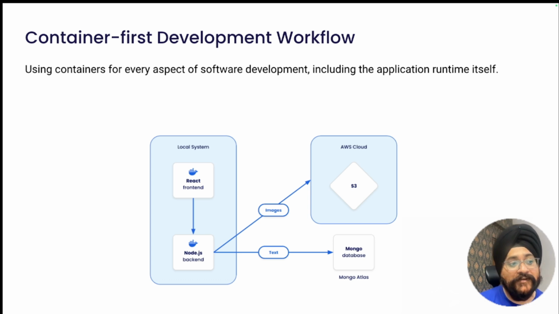So you can see here that in this to-do list application, we are not just passing text or to-do tasks, but we are also adding images, and these images are being stored in your remote AWS cloud, a real cloud S3 bucket, right?